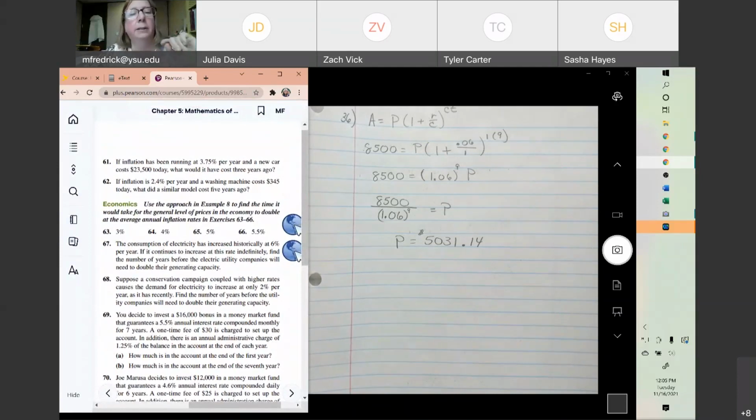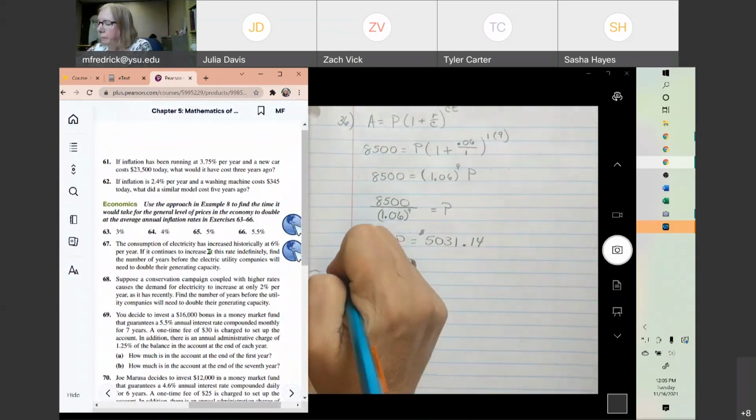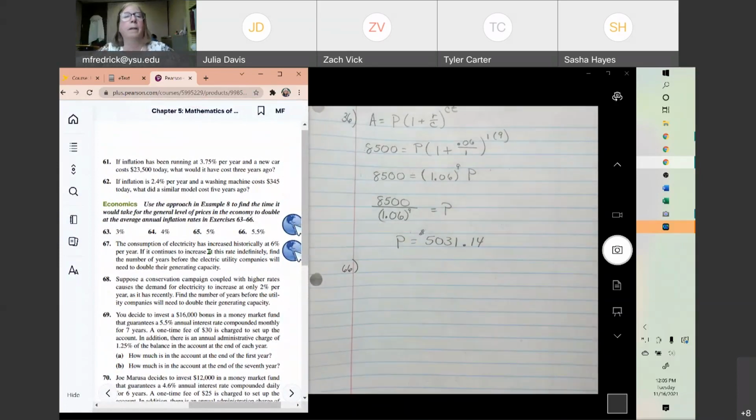Number 66. Says use the approach in example 8 to find the time it would take for the general level of prices in an economy to double at the average annual inflation rate in exercise 63 to 66.